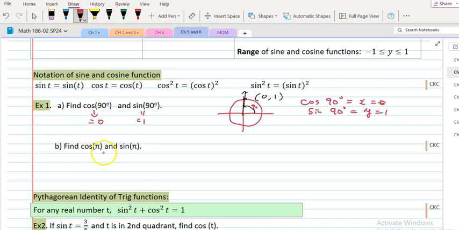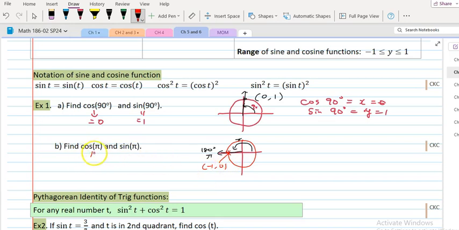What about cosine pi and sine pi? If I don't see a degree sign, pi is in radians. So how do I draw pi? Pi is just 180 degrees, right? 180 degrees and pi are the same thing. So this is pi, and it would cut the unit circle at, if you imagine this is the unit circle, (-1, 0).